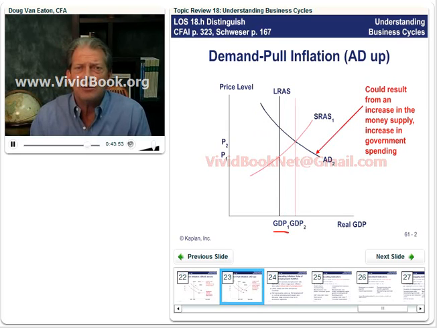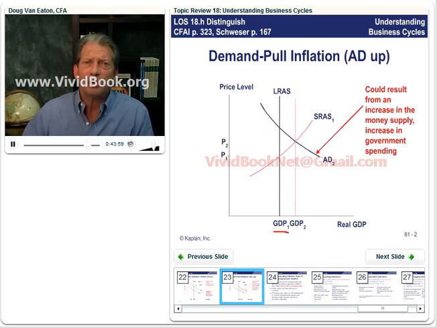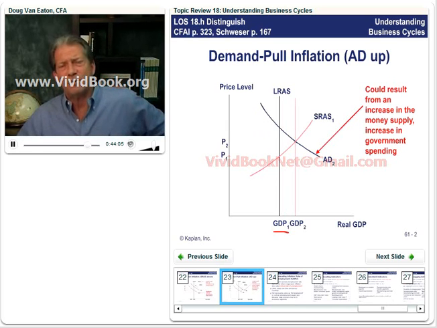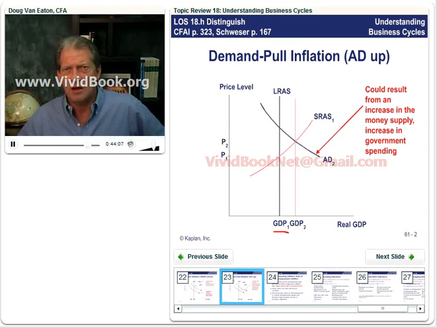This increases real GDP above full employment GDP and increases prices in the process a little bit. But now we don't need any further government action to mess things up, because now we're over full employment.